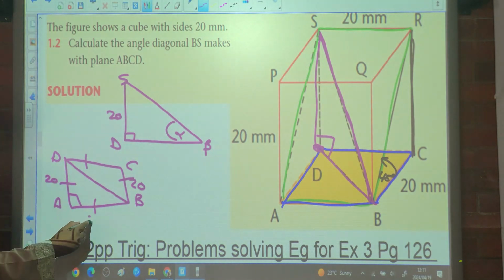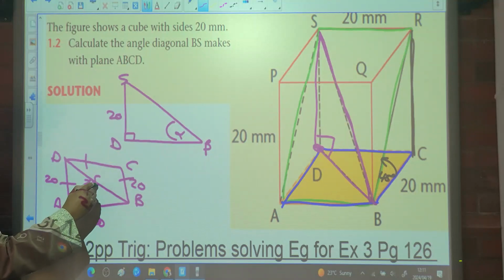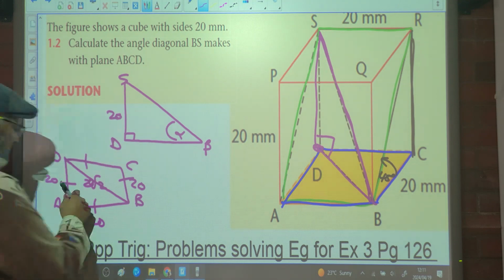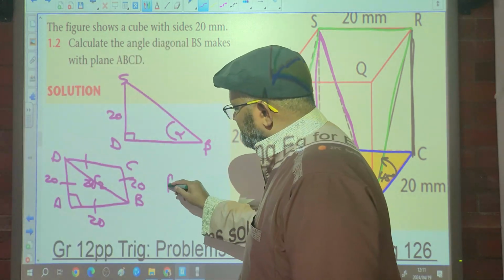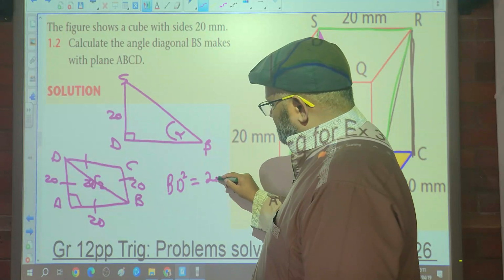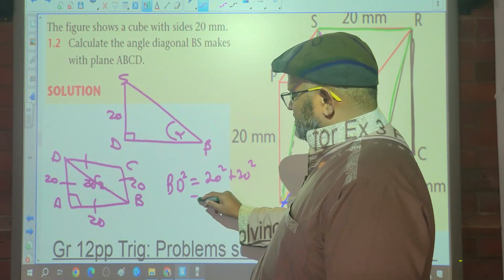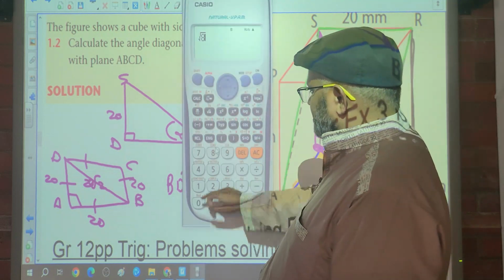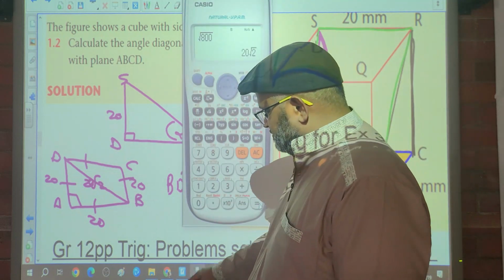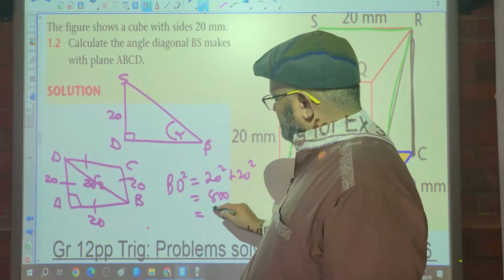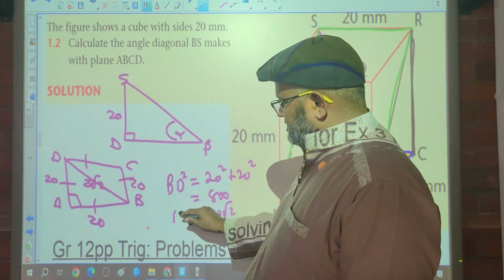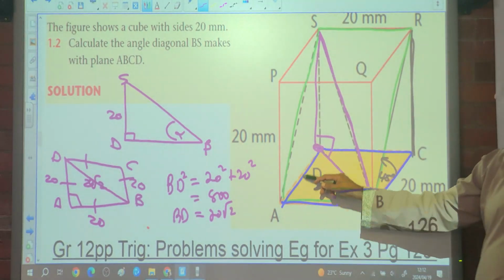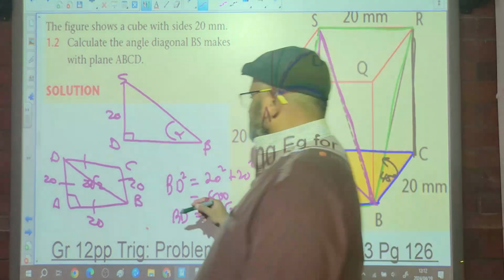That is going to be 20 root 2. Say you didn't know that, you're going to calculate BD by using Pythagoras. So it's going to be 20 squared plus 20 squared, which is 400 plus 400, is 800, and the square root of 800 is 20 root 2. Are you all okay with that, people? This was a square.